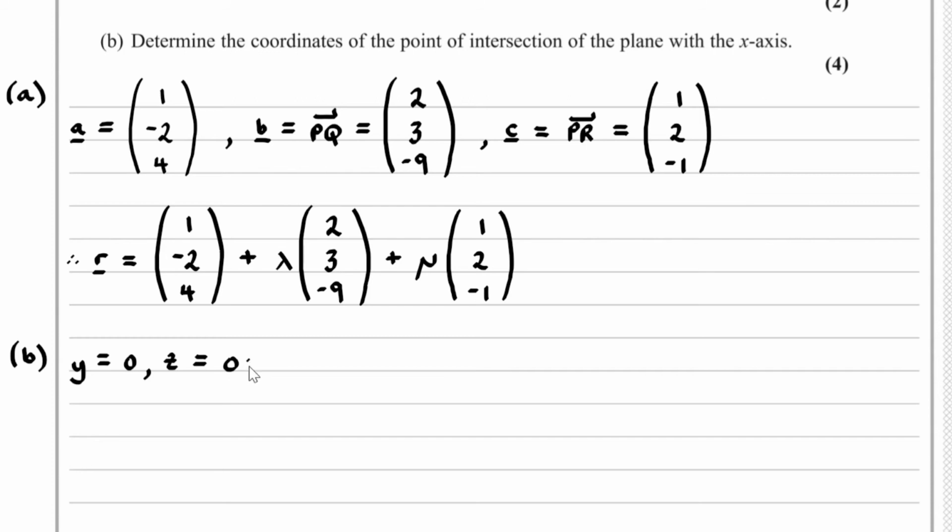So what we have is the y component equaling 0 and the z component equaling 0. So I've got minus 2 plus 3 lambda plus 2 mu, and if I set this equal to 0, we can rearrange to say that 3 lambda plus 2 mu equals 2.